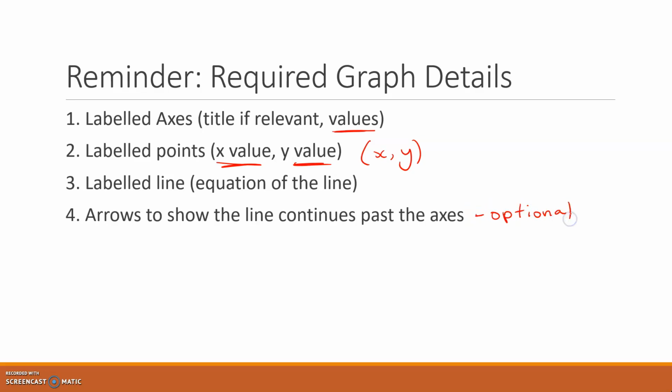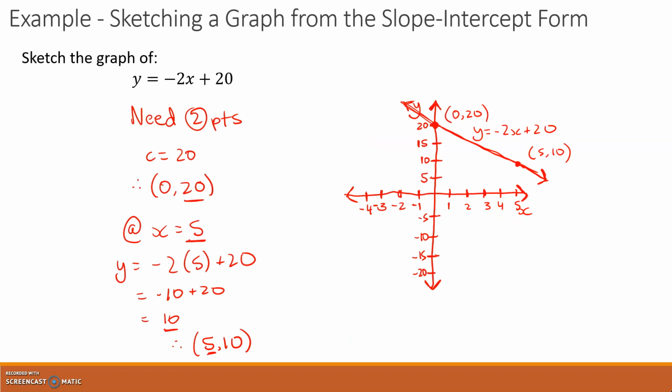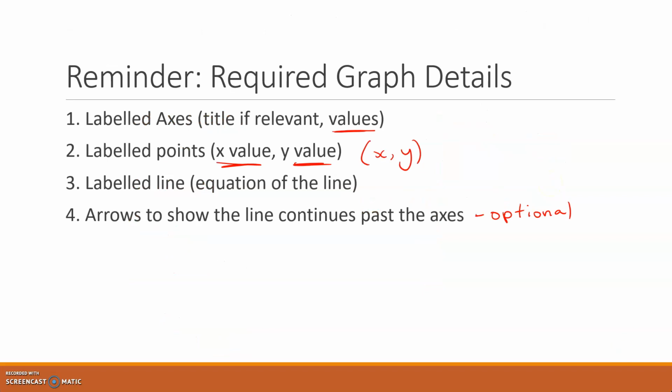As long as your line goes all the way to the edges of the axes, you've done the right thing. But it's sometimes convention to also put arrows on either end of the line, like I did, to show that the line continues past the axes. So like I did in this one here, I put these arrows on to show that the line actually continues off infinitely. But those are the four things you need to remember to label onto these graphs to get full marks.